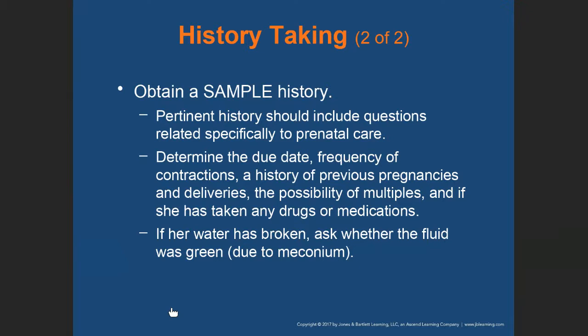When it contracts, you time that period. You time how long it stays contracted and then relaxes, and you time the distance between the next contraction. So we want the duration of the contraction and the distance between the contractions.